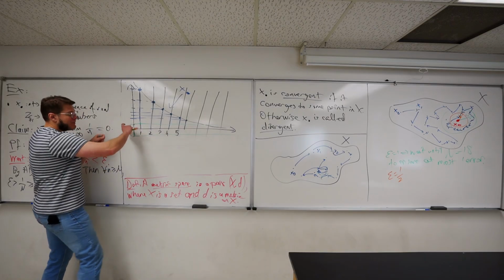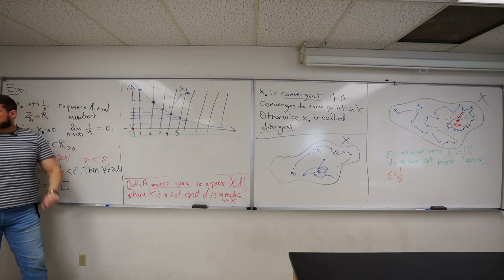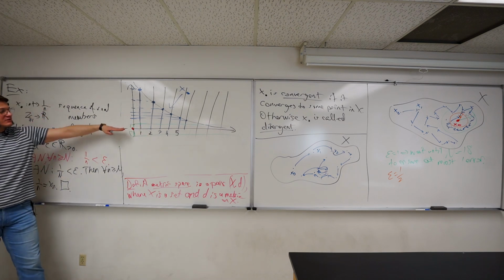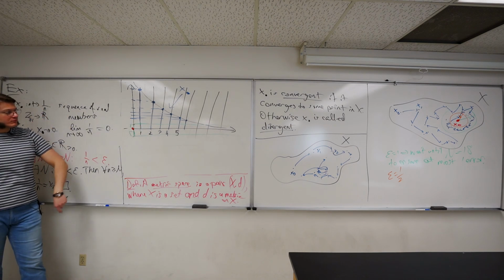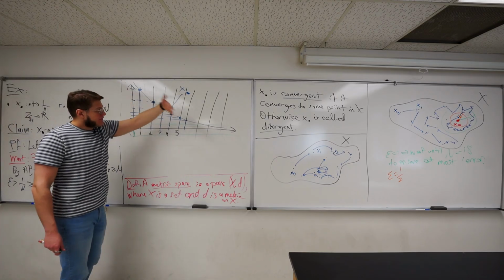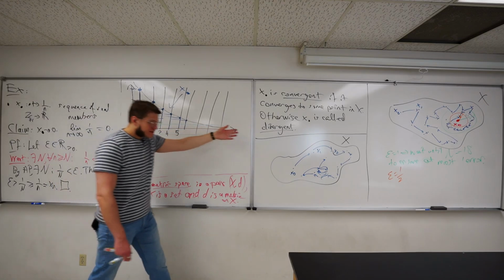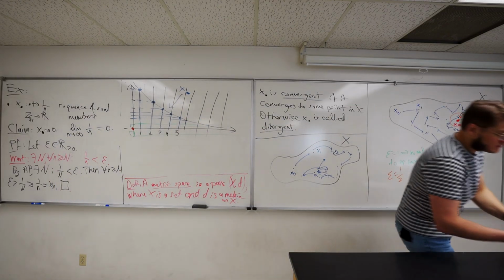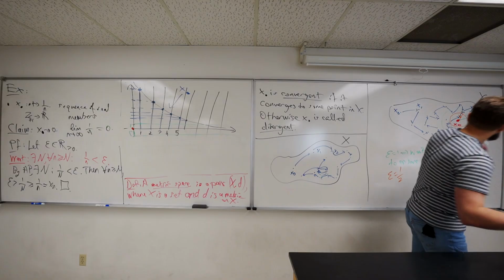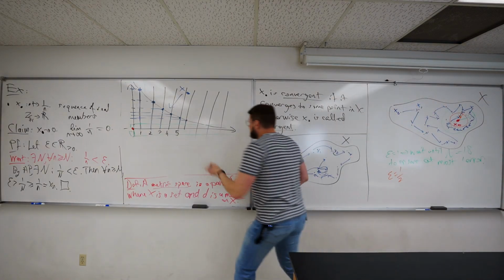So I have this band of height 2 epsilon here, centered at height 0. Well, based on this picture, you could say, this keeps going down and down and down. If I wait long enough, it's going to stay within this band. Right? So it's going to stay within this band, maybe from this point.